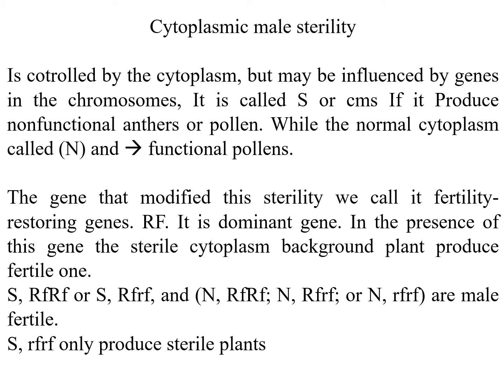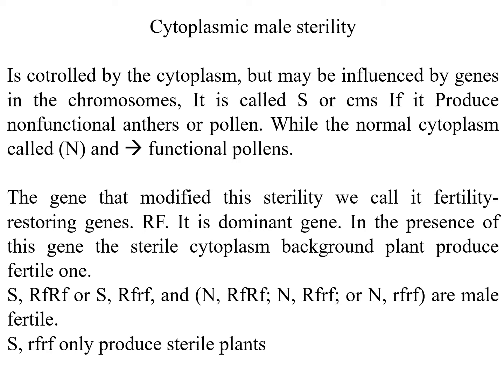If we have sterile cytoplasm, we call it S or CMS, and it produces non-functional anthers or pollen, while the normal cytoplasm usually produces functional pollens. The genes that modify this sterility, we call fertility restoring genes, and we refer to it as RF.